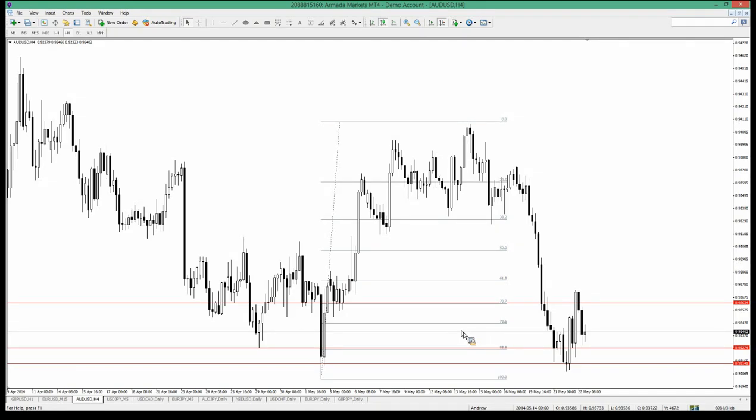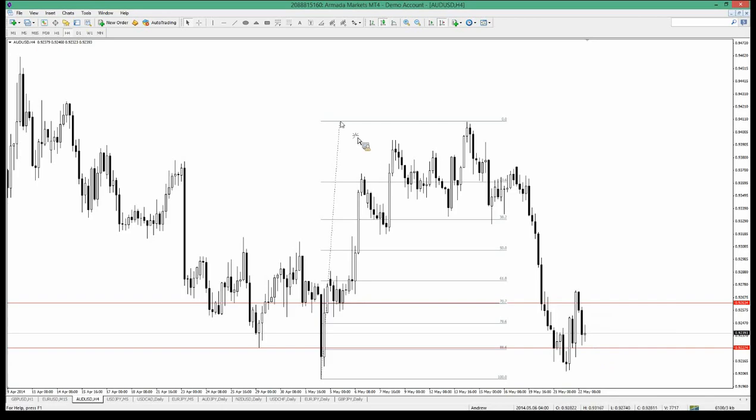Inside candles after breaks of levels on smaller time frames. I'm not quite sure if I understand the question. Inside candles after the break of a level. So if I have a level breaking to the upside, let's make it simple: we've got a level of support here, and this level of resistance.